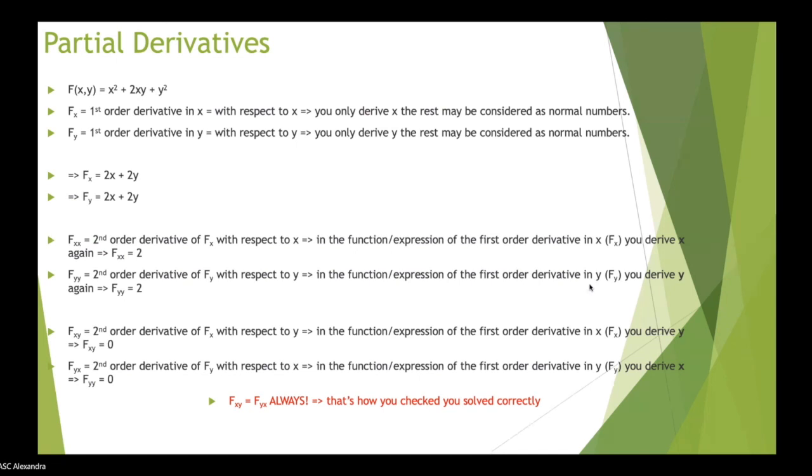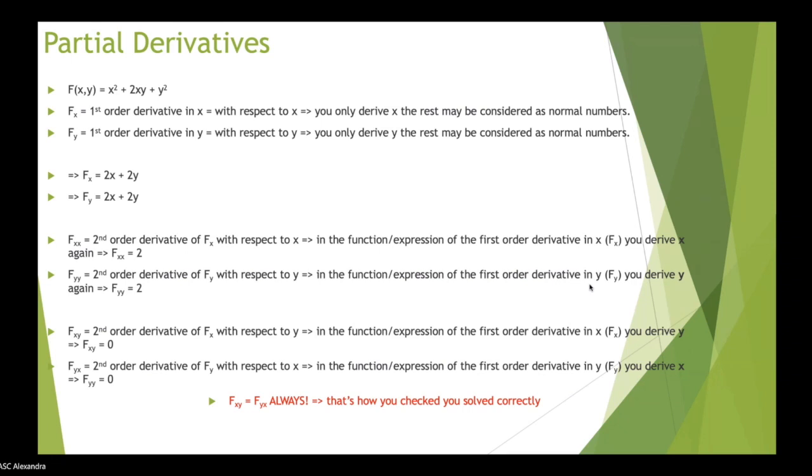All right. Now, about the partial derivatives, I've seen there's a bit of a confusion when deriving them and how to follow the order. So I gave a pretty easy example. The first order derivative in x, it means you just consider x as the variable that has to be derived.